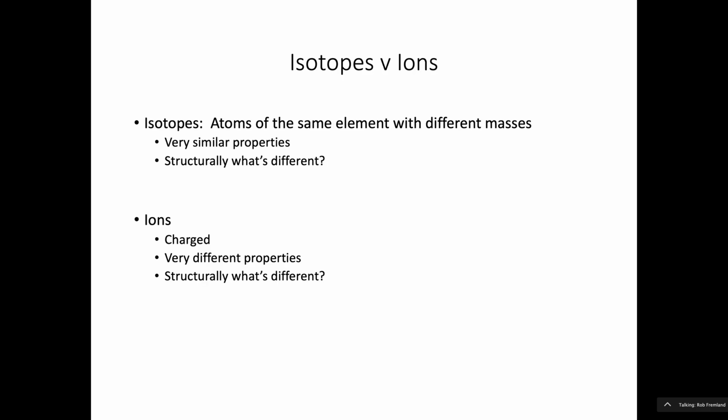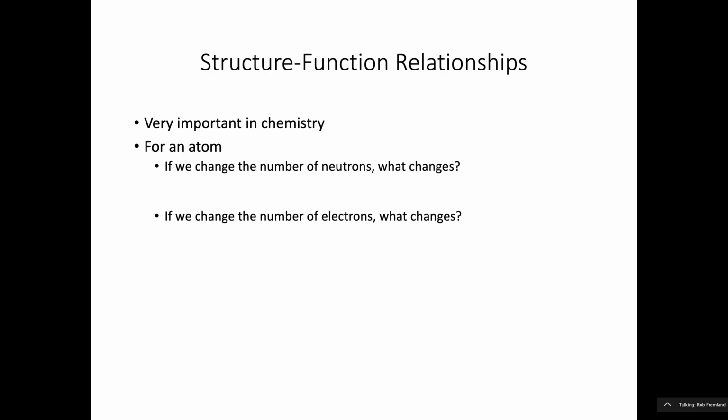All right, so just to put this together: isotopes, same element, different masses, so they differ only in the neutrons, right? Structurally, what's different? The neutrons. Very similar properties. Ions are charged, very different properties, which I showed you. Structurally, what's different in ions? You guessed it, the electrons. So what does this suggest? If we change the number of neutrons, what changes?